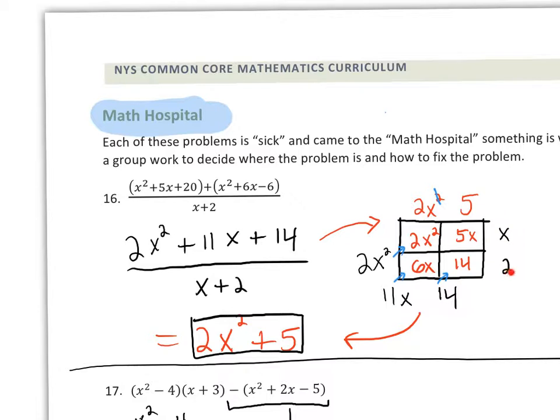2x times 2, how did they get that? Shouldn't that be a 4? I think that should be a 4, because 2x times 2 should be a 4. So let's fix that, make that a 4. That's not a 6, it's a 4. Okay, and so 4 plus something gives us 11. Well, that can't be 5.